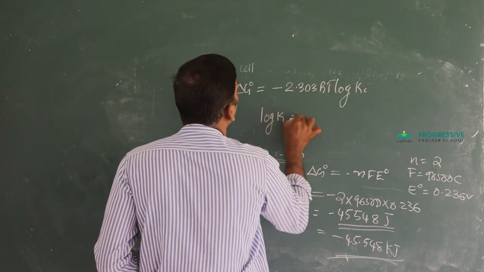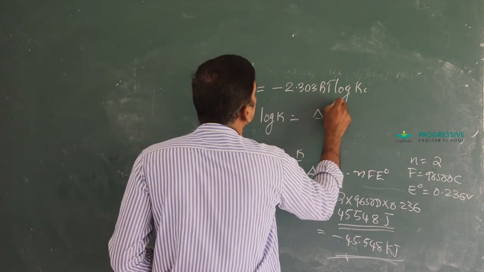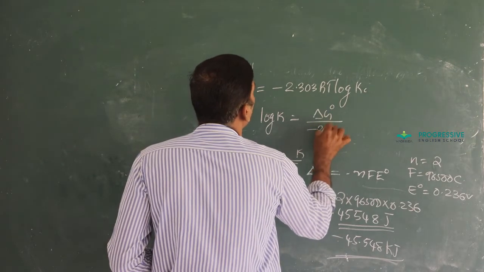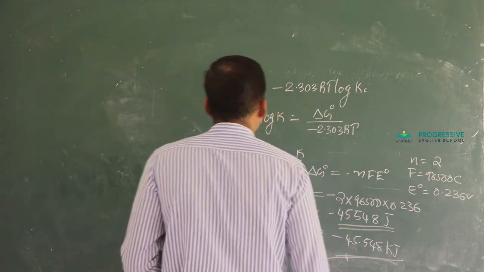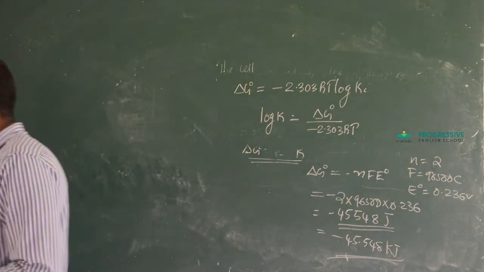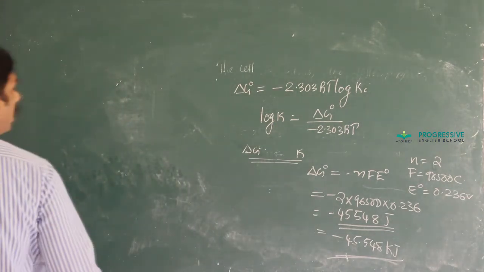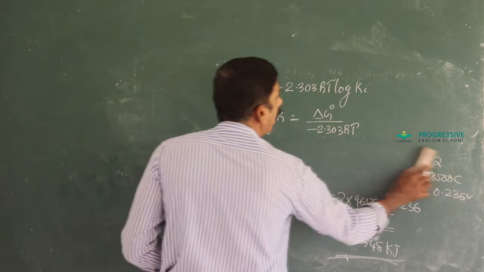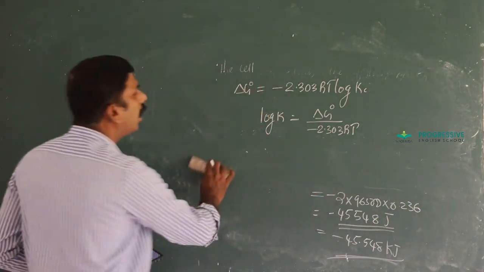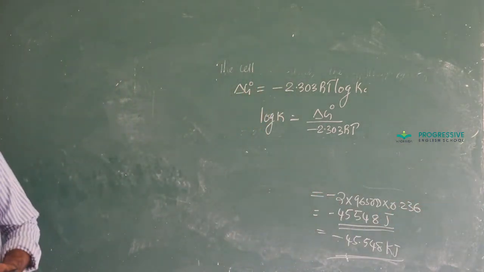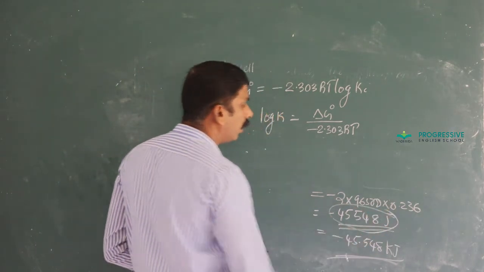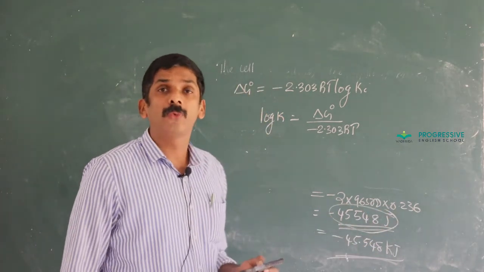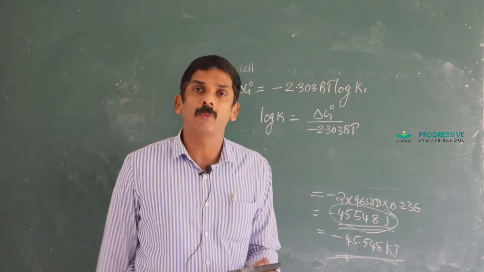Log K equal to delta G0 divided by minus 2.303 RT. Here, since the reaction is carried out at 298 Kelvin, the value of T equals 298. And if you choose the value of R as 8.314 joule per Kelvin per mole, then you have to substitute this value.